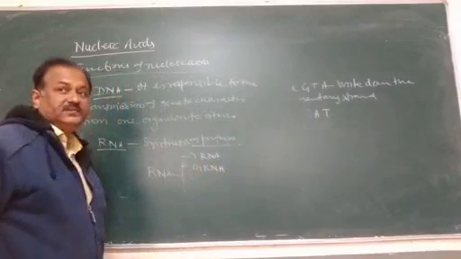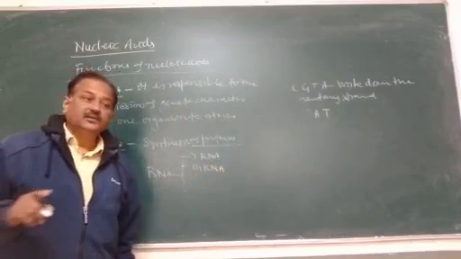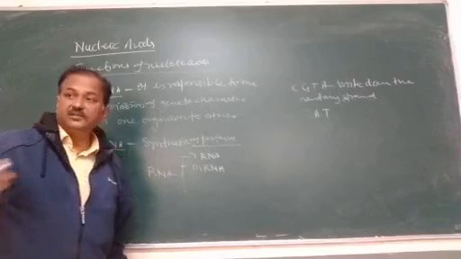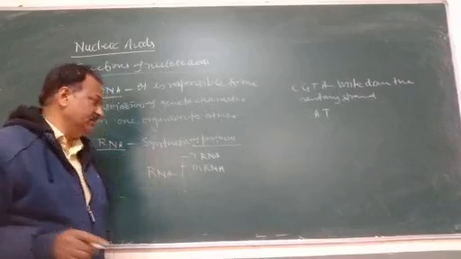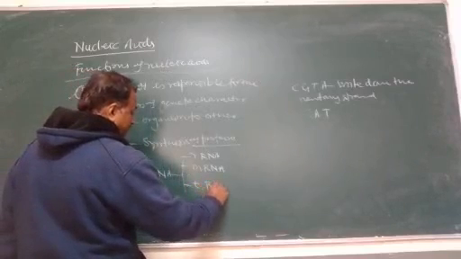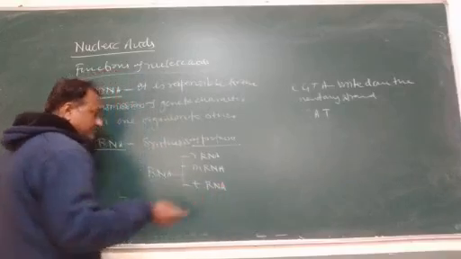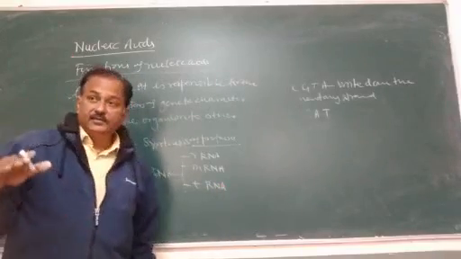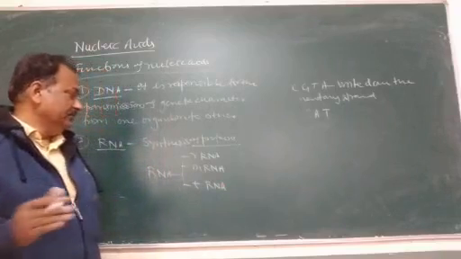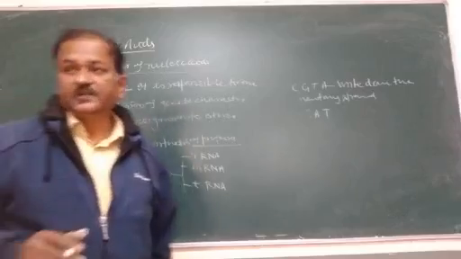It is responsible for the transmission of information from one place to another. And then tRNA, it is responsible for the processing of the information. So these are the three types of RNA.